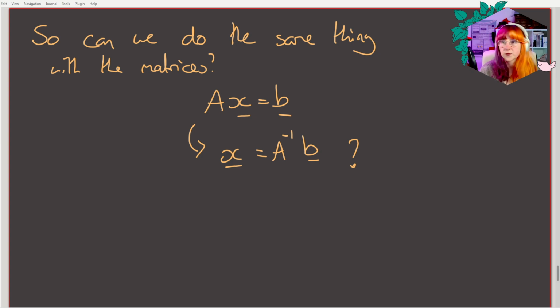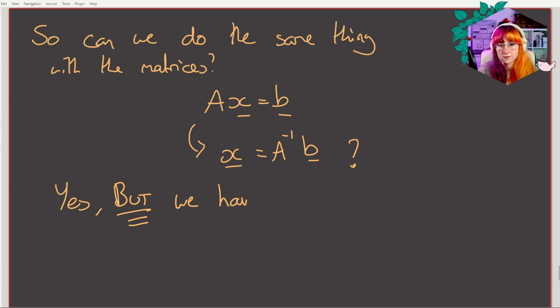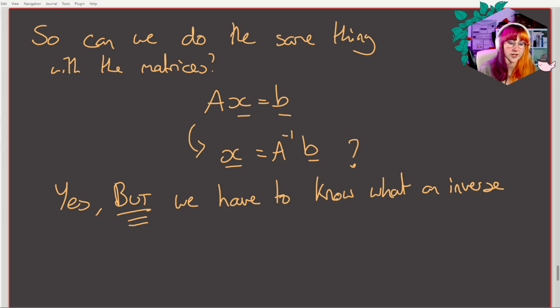And the answer is yes, but not yet, basically. We'd have to not only know what an inverse matrix is, but how to calculate it, and if it even exists.